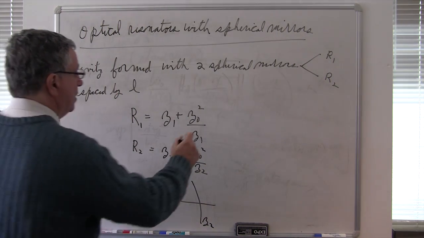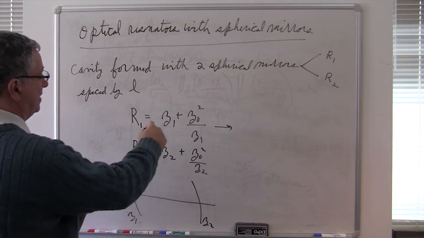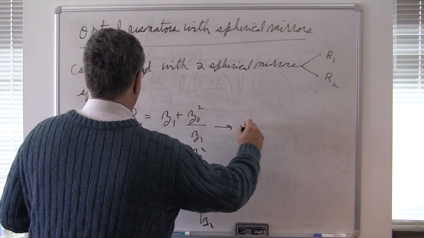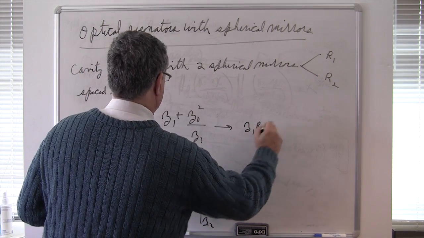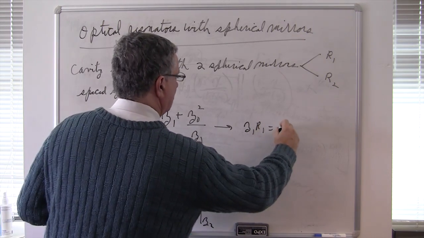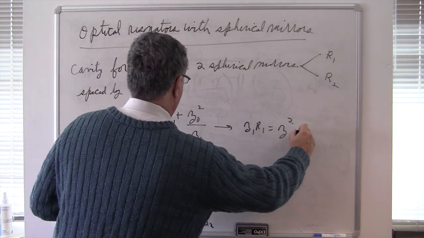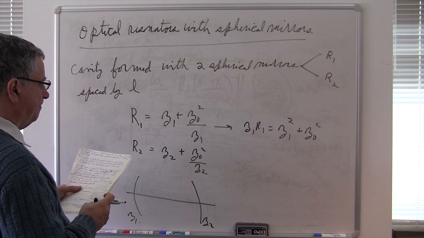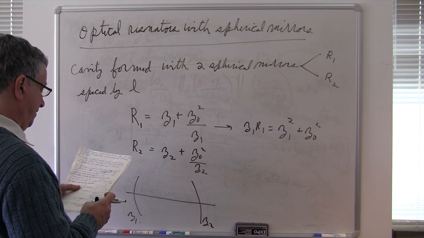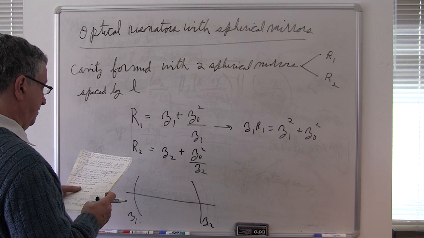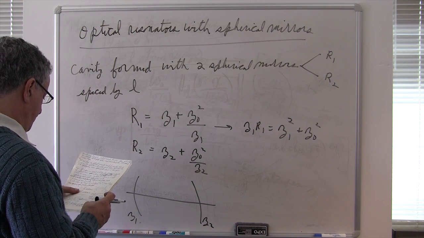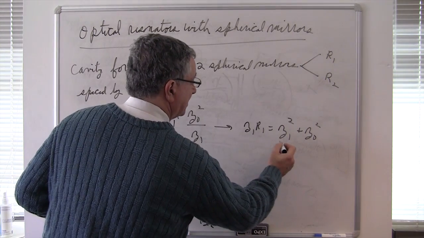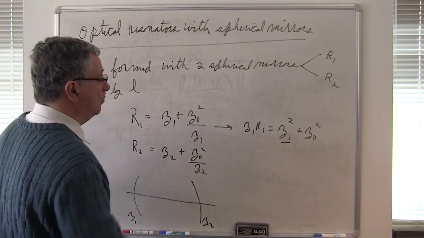Now, if you look more closely at each of these equations, if you multiply by Z1, you get Z1 R1 is equal to, putting this on the common denominator, Z1 squared plus Z0 squared. Okay, so what you get is a quadratic equation for Z1.